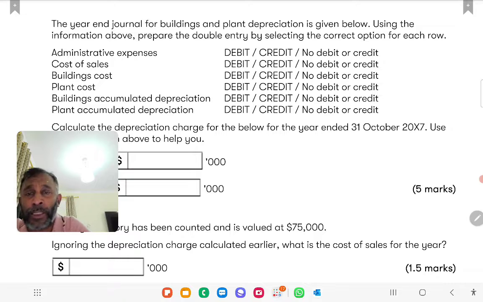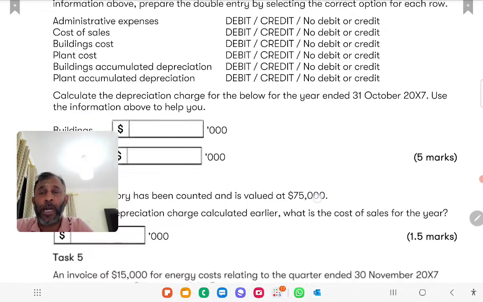Using the information above, prepare the double entry by selecting the correct option for each. So both depreciation expenses we should debit to cost of sales. Administrative expense, no debit or credit. Cost of sales, debit. Building cost, no debit, no credit. Plant, no debit, no credit. Buildings accumulated depreciation, credit. Plant accumulated depreciation, credit. So that is the answer.